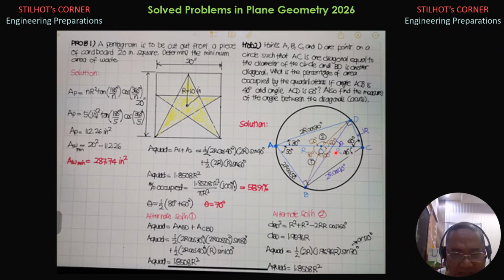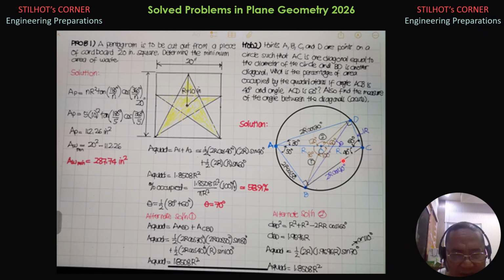Because these are right triangles, with ACB given as 40 degrees, this side is the hypotenuse 2r cosine 40. This side on the other right triangle is 2r cosine 60, so it's just r. Then the area of a triangle is one half the product of adjacent sides times the sine of the included angle.